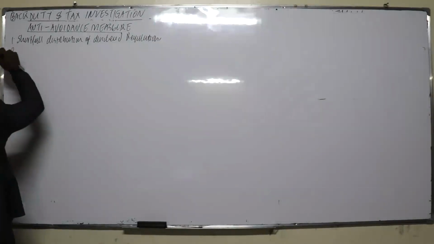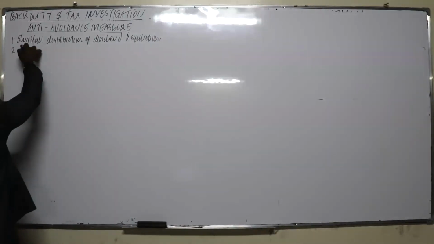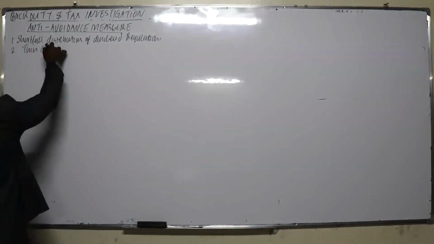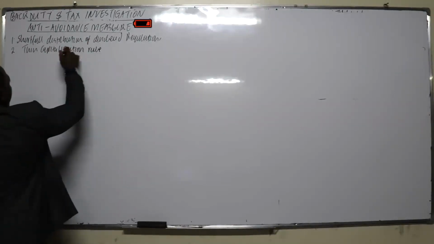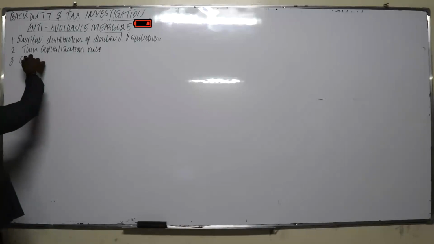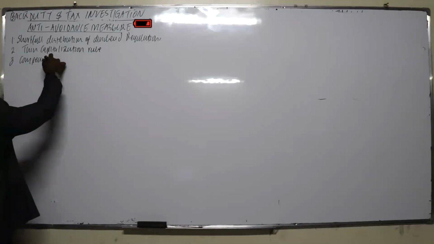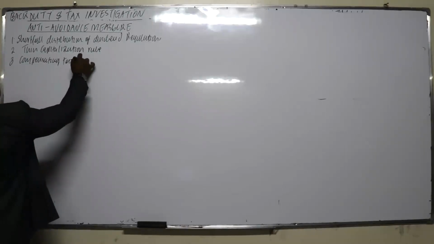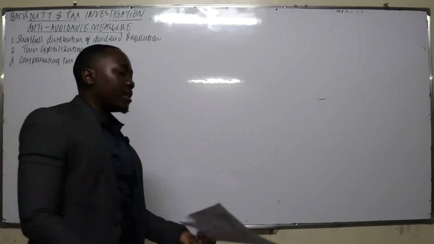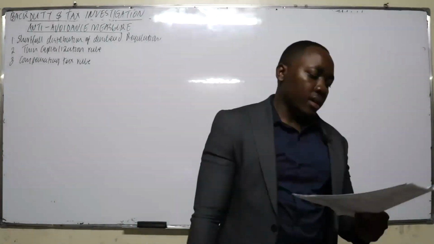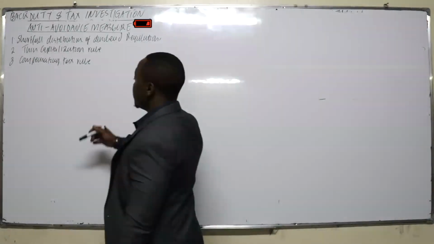Number two, we have the capitalization rule. And number three, we have compensating tax measures. Those are the three major anti-avoidance measures. Now let's start with the first one, the shortfall distribution of dividends.